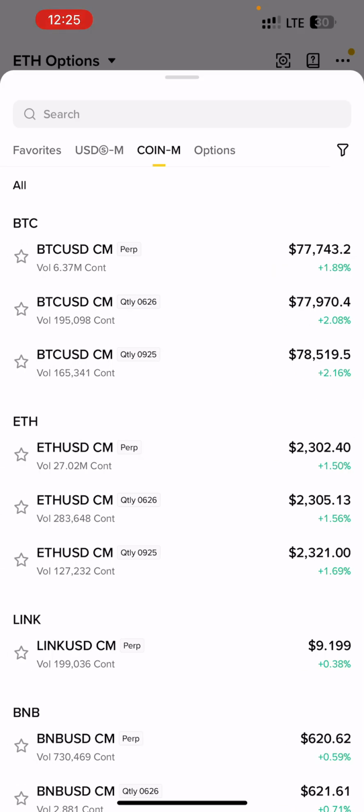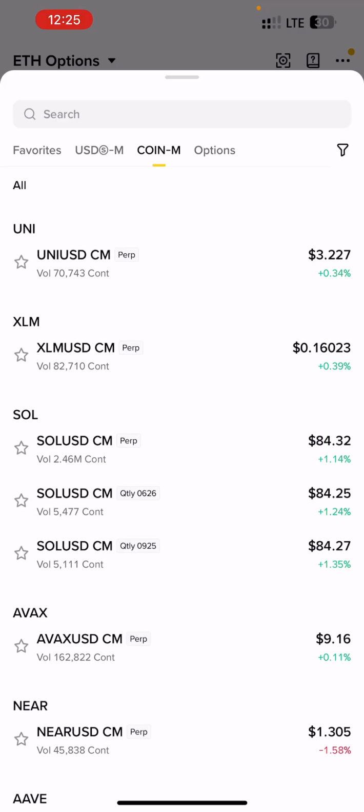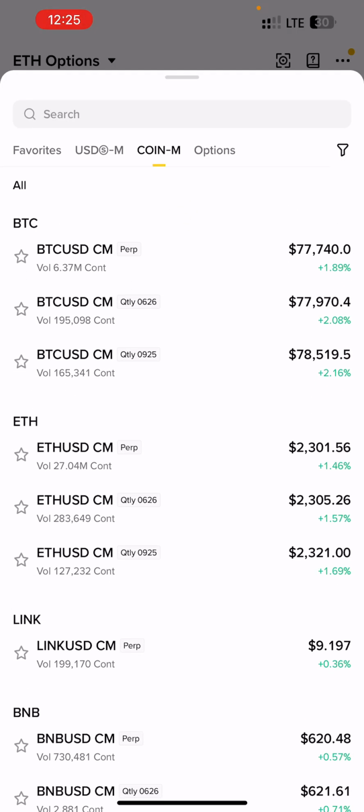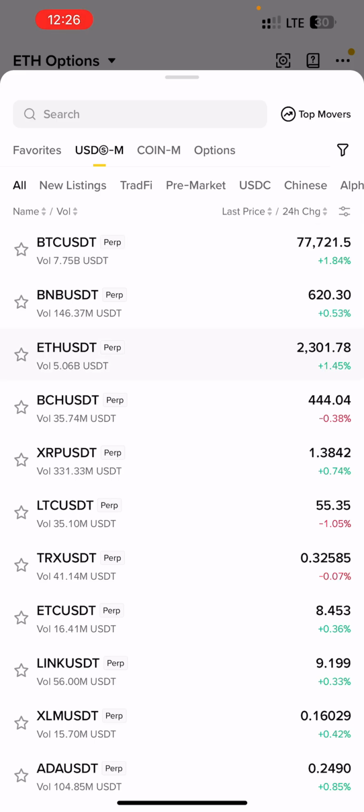If you click it, you will see most of them, Litecoin USD and so on. This tells you that you are using an unstable coin to trade futures, whereas USDT-M means you are using a stable coin, which is mainly USDT.